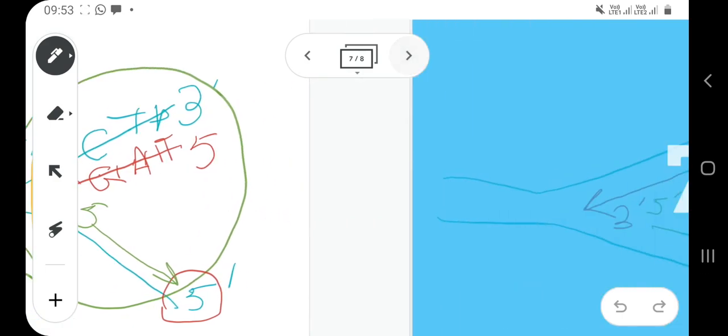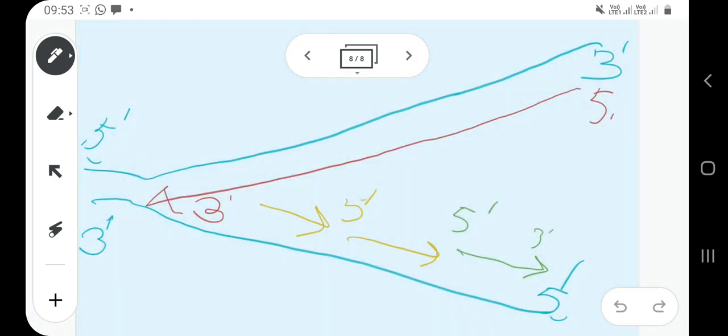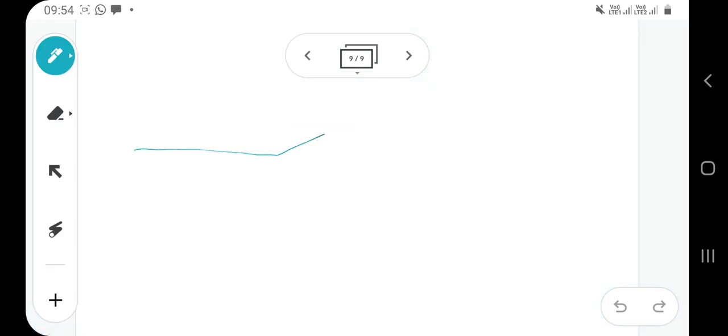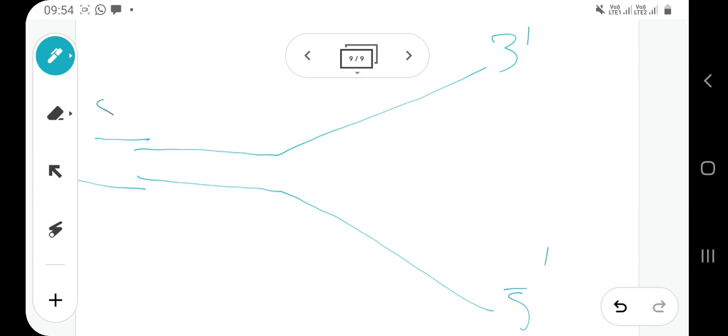Let me have a clean screen to show this mechanism to you. Now imagine that we have this blue color old strand, and it is unwinding to make the replication fork. It is the old DNA molecule. Now it is 3' and this is 5', and this is 5' and this is 3'.